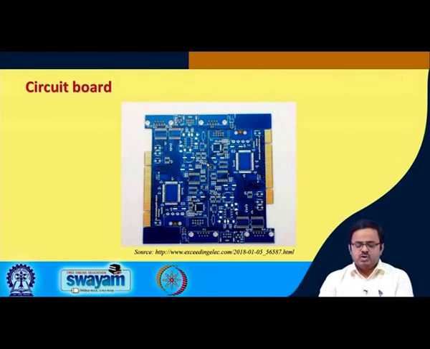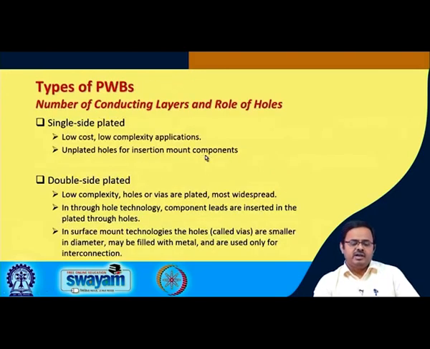If components only get placed on this side that we see, then it is a single sided board. Given that it is single sided and single layered, these are low cost, low complexity applications, and it is possible to have insertion mount components, not a problem.